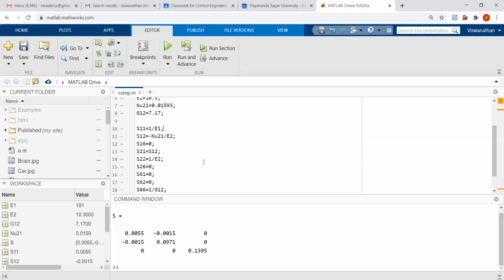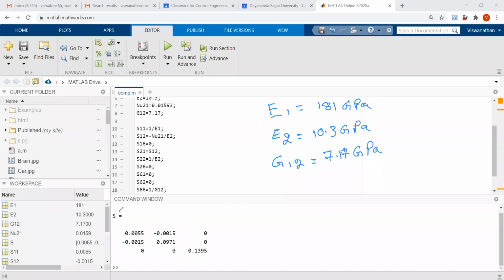What are the units of this? Meter square by Newton. E1 is equal to 181 GPa. E2 is equal to 10.3 GPa. G12 is equal to 7.17 GPa. Now what will be the units of this matrix here?